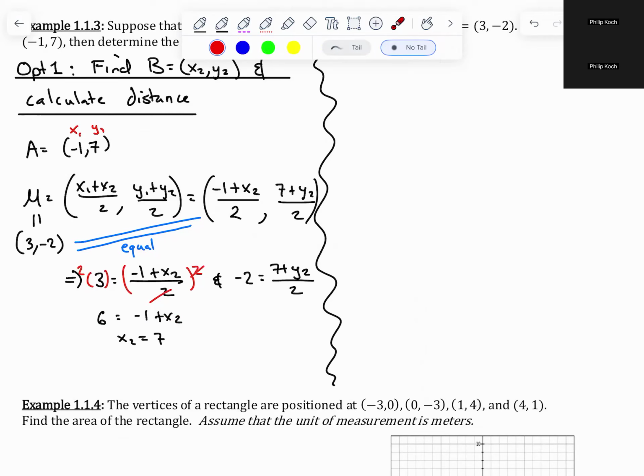I get that y sub 2 equals -11. So B is the point 7 comma -11. Any questions so far?